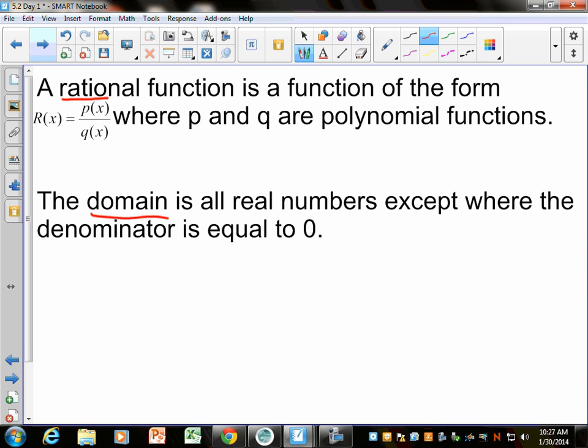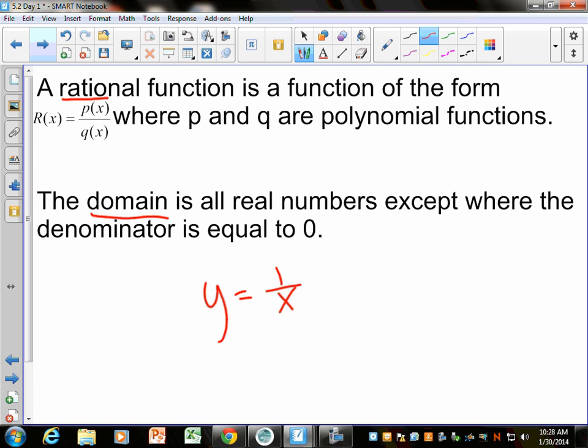So the domain of a rational function, if you think about that lovely project that we did before Christmas break, which I'm sure you've all forgotten about already, but the rational function that we think of a lot, like the parent function we think of as 1 over x, and if you think about this, the domain, if you have an x in the bottom of your equation, is pretty much never going to be all real numbers. There's an exception to that. Because you can't have 0 in your denominator. So it's really easy to find the domain of this. Maybe not as easy as just always saying all real numbers.